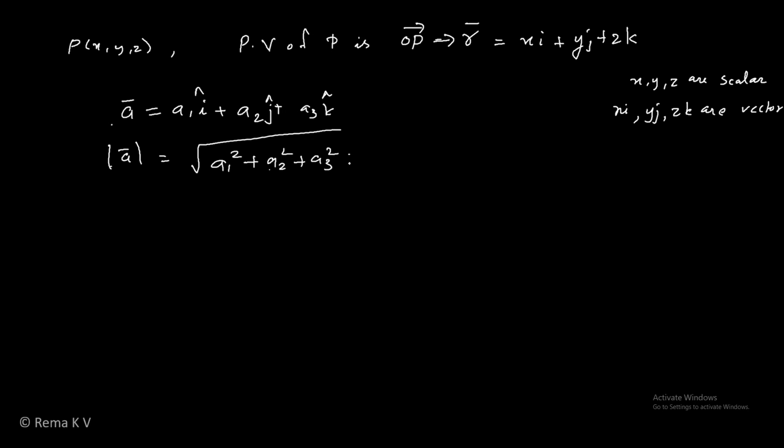If this is equal to 1, that is, modulus of vector A is equal to 1, this is a unit vector, and therefore a1, a2, a3 are called the direction cosines.